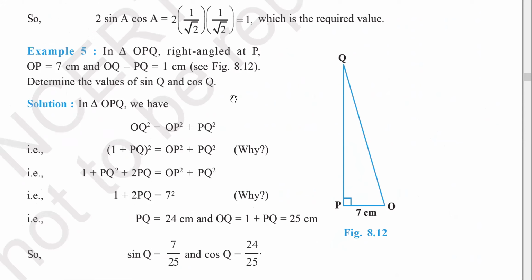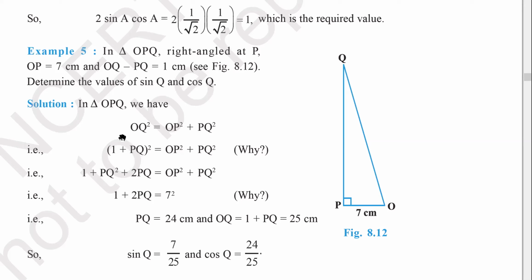So here first of all you will put PGT, OQ square equals QP square plus OP square. What is PGT? Pythagoras theorem. Is it clear?